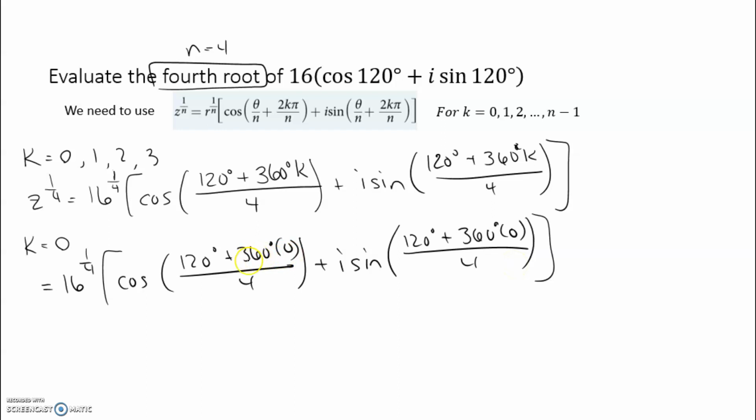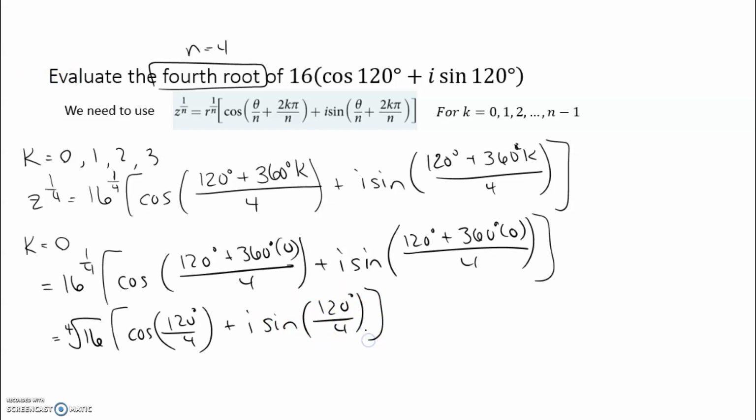Really, the 360 times 0 just goes to 0, and I have 120 divided by 4. The fourth root of 16, you could write it like this right here, they mean the same thing. So this would be cosine of 120 divided by 4, which is 30, plus i sine of 30. The fourth root of 16 is 2, and we're looking at cosine of 30 plus i sine of 30.